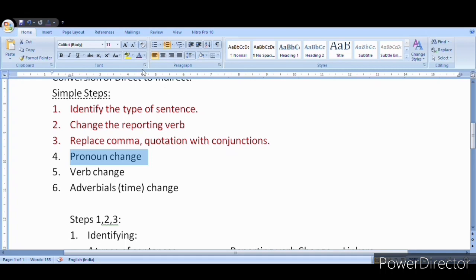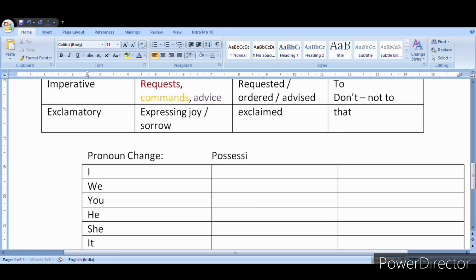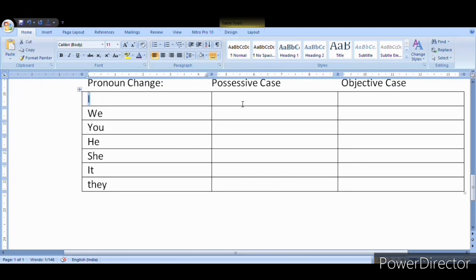So next step is pronoun change. There are two cases here: possessive case and objective case. If the pronoun I comes as a possessive case, you have to change it to my. Likewise we, our; you, your; he, his; she, her; it, its; they, their.